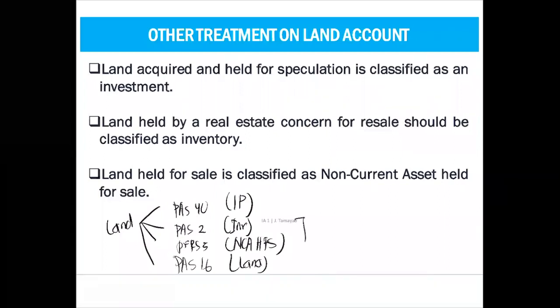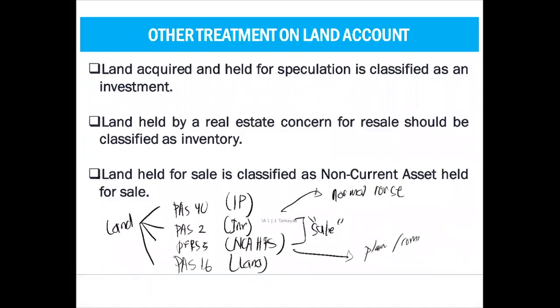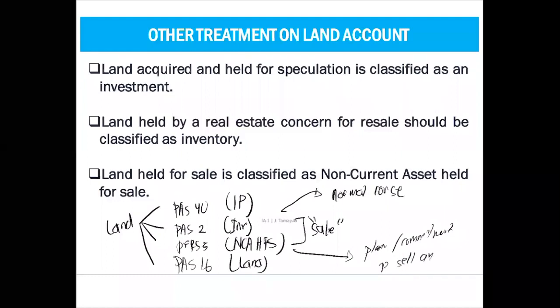What is the difference between PAS 2 and PFRS 5? Although both are for sale, in your inventory, it is your normal course of the business. While in your PFRS 5, it is based on your plan or commitment to sell a non-current asset.